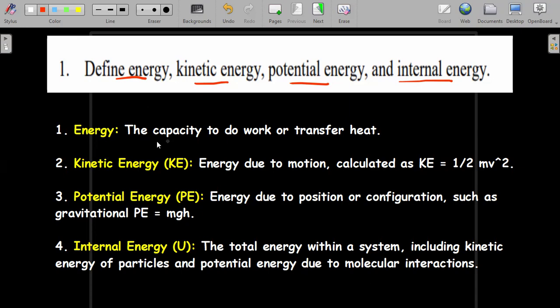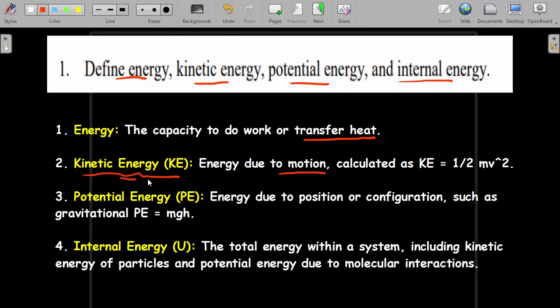Energy is simply the capacity to do work or to transfer heat. That's how we can define energy. Kinetic energy is the energy due to the motion of the particles in a system.